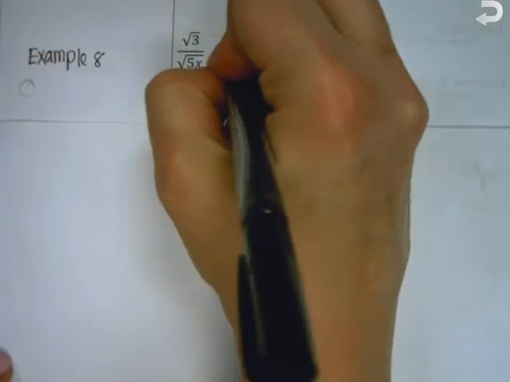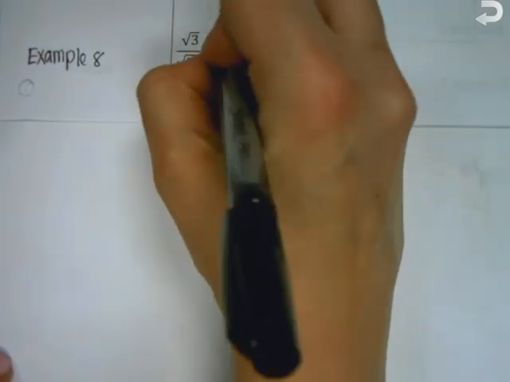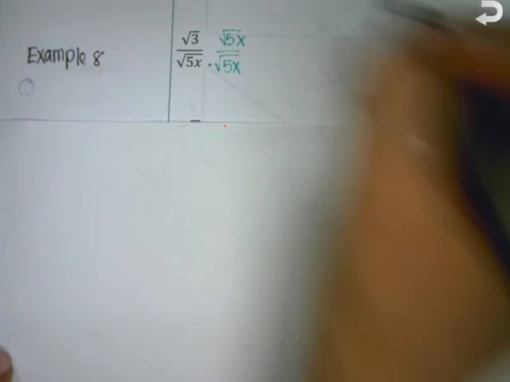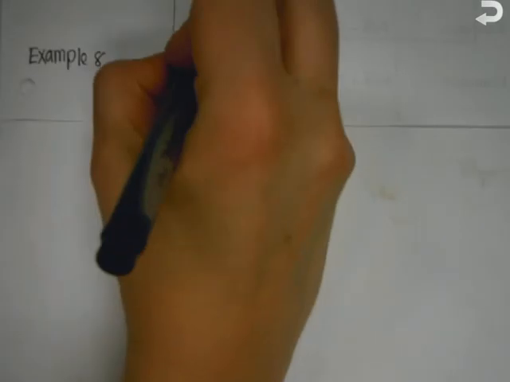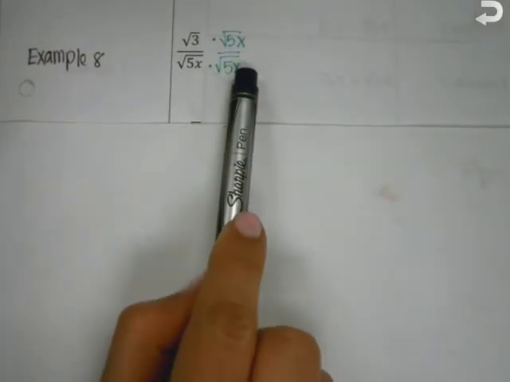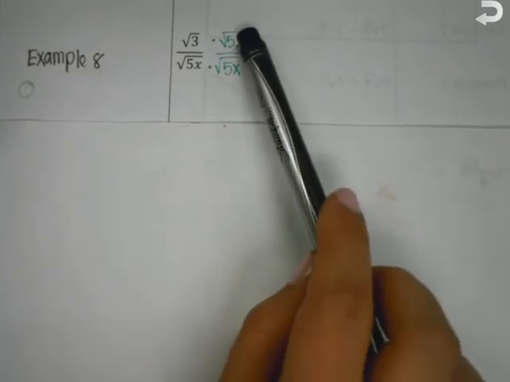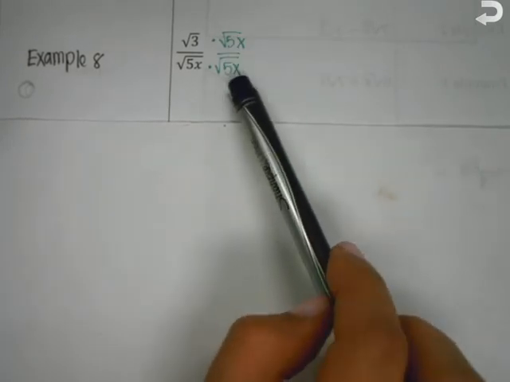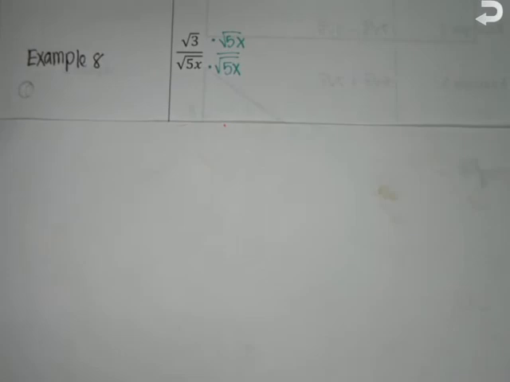Why do I have to multiply top and bottom? Does anybody know? Yeah, it's the same idea as what you do to one side, you do to the other. Whenever I have a number over itself, what does that reduce to? 1. So technically this is just the same as 1, right? So I'm really not changing the value of anything. I'm just rewriting it in a different way. But make sure whatever you do to the bottom, you do to the top.